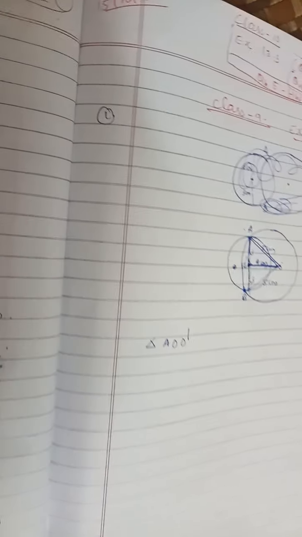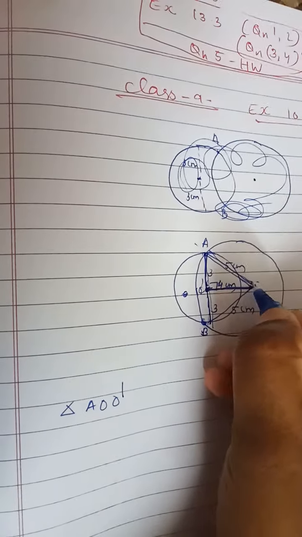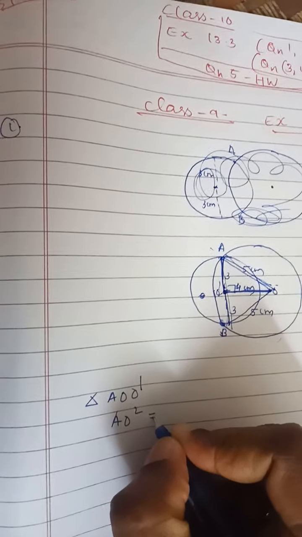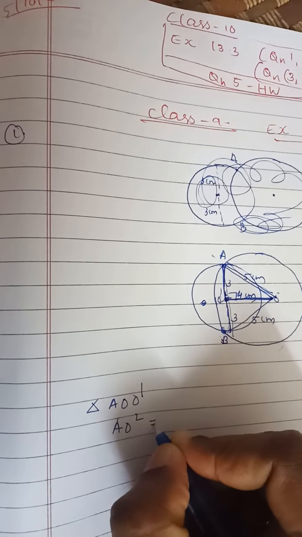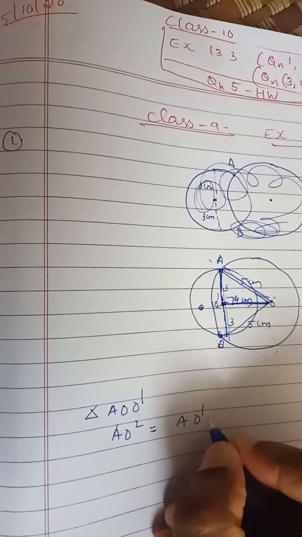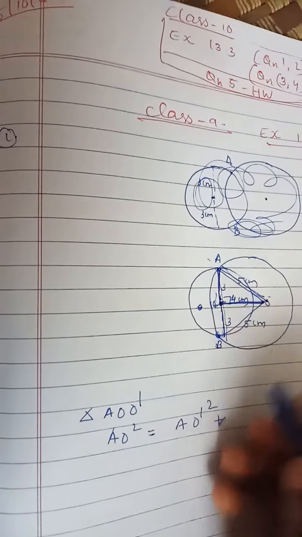So I am applying it here. Which is the hypotenuse side? This is 90 degrees, so this is the hypotenuse. So AO dash square is equal to AO square plus OO dash square, correct?